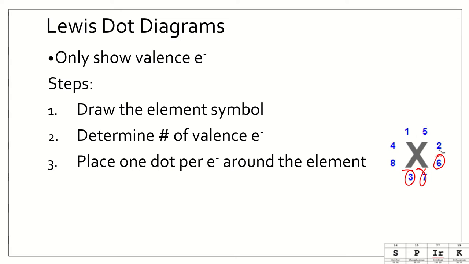It does not matter where you start. In this diagram, they start on the top, then they go around to the right. Typically, I start on the right-hand side. The only thing that does matter is that you start somewhere and that you go around all 4 sides first, then go around again, 5, 6, 7, 8.